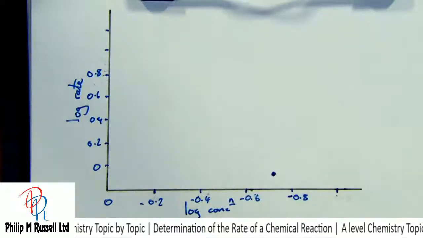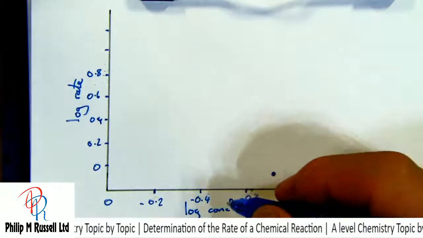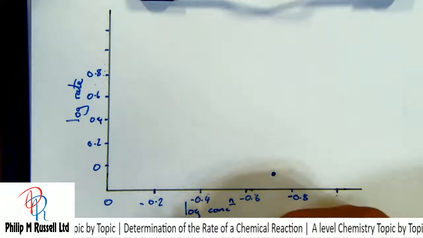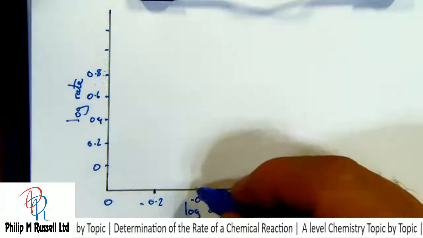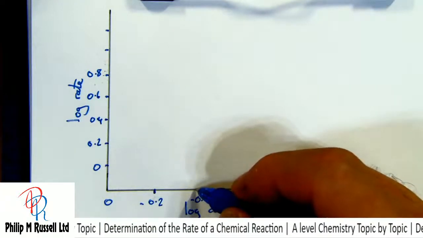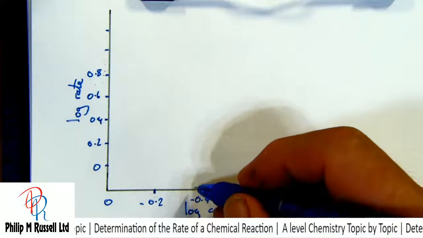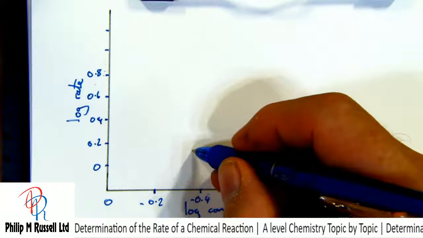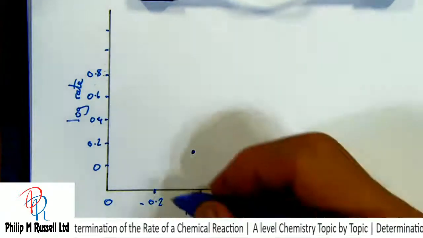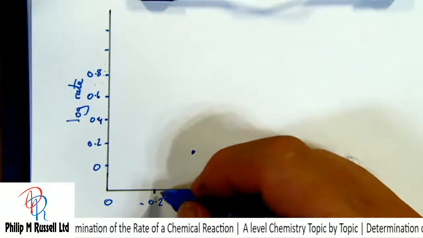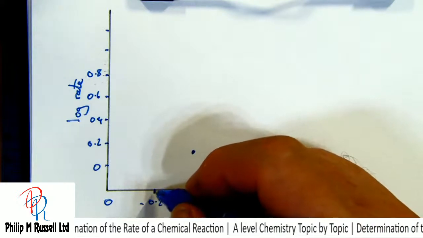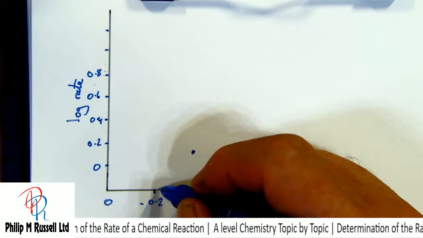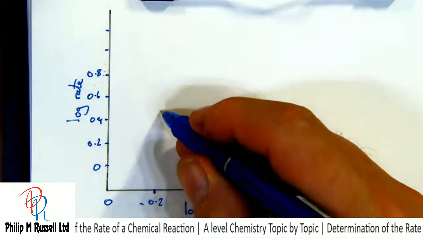Let's try the next one. You notice I'm not even plotting this very accurately. Log of concentration is 0.39, it's going to be about there, and we're going to get 0.079, so that's about there. My next one is a concentration of 0.22. It's going to be about there. Going to go up to 0.49.